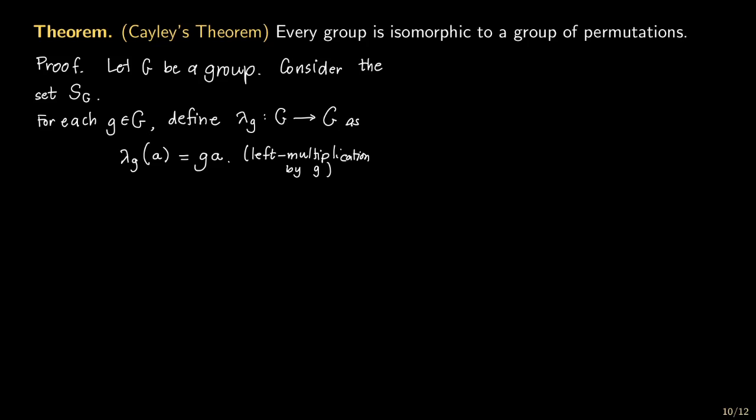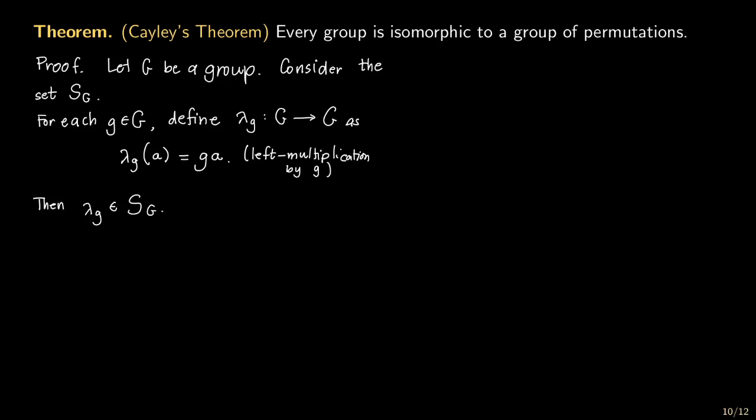Now you can prove that lambda g is a bijection. Okay, so therefore lambda g is in the set of permutations on the group G. So lambda g is a permutation on G, basically. To prove that this is one-to-one and onto, I want you to do that as an exercise, as I am only presenting the outline of the proof.